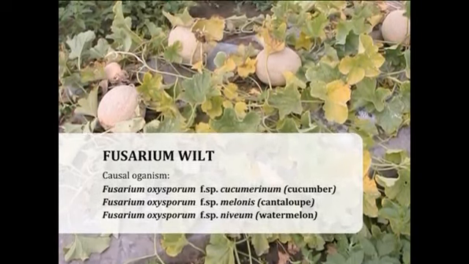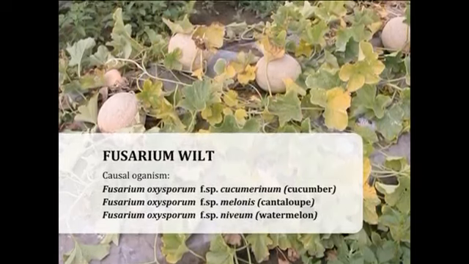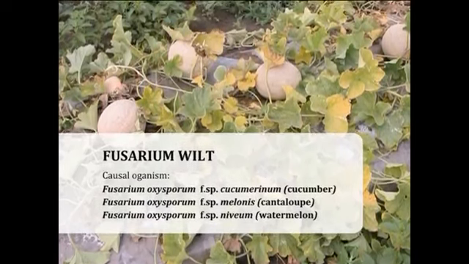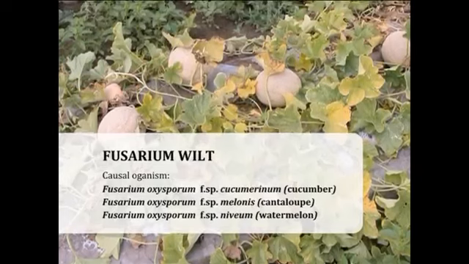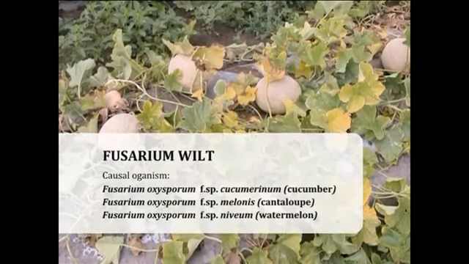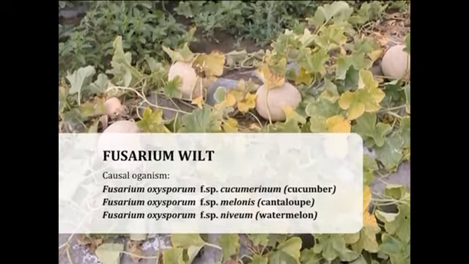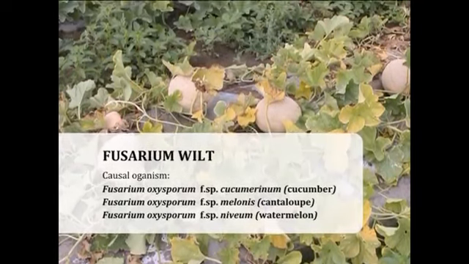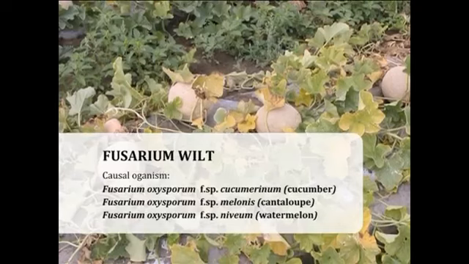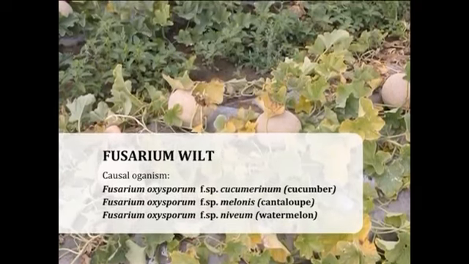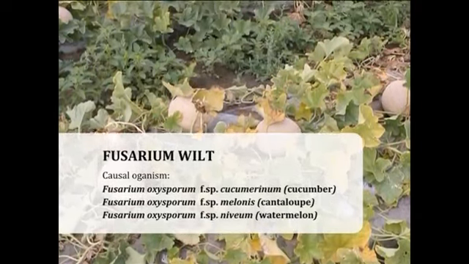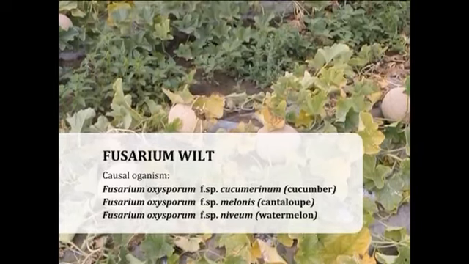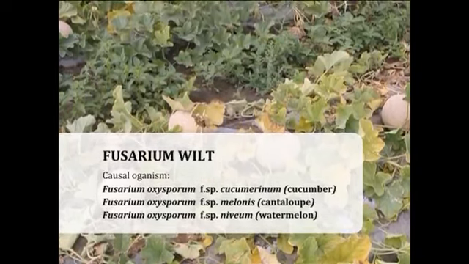It is caused by Fusarium oxysporum f. sp. cucumerinum in cucumber, Fusarium oxysporum f. sp. melonis in cantaloupe, and Fusarium oxysporum f. sp. niveum in watermelon. Now let's see the symptoms of the disease.